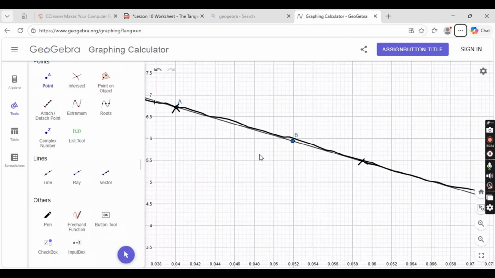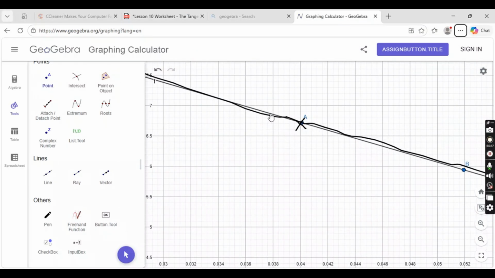So what they're saying is that they made a tangent line like this.